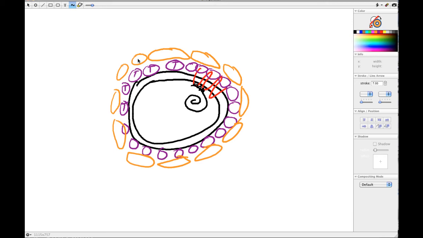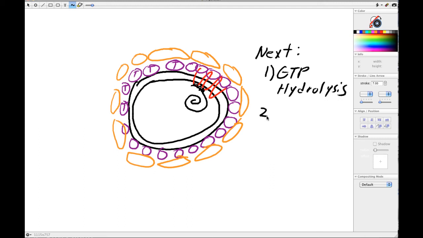So I think at this point you can probably guess what's going to happen next. The next step, and I'll just spell it out before I actually do it, we're going to get GTP hydrolysis, which is going to trigger COP1 disassembly.